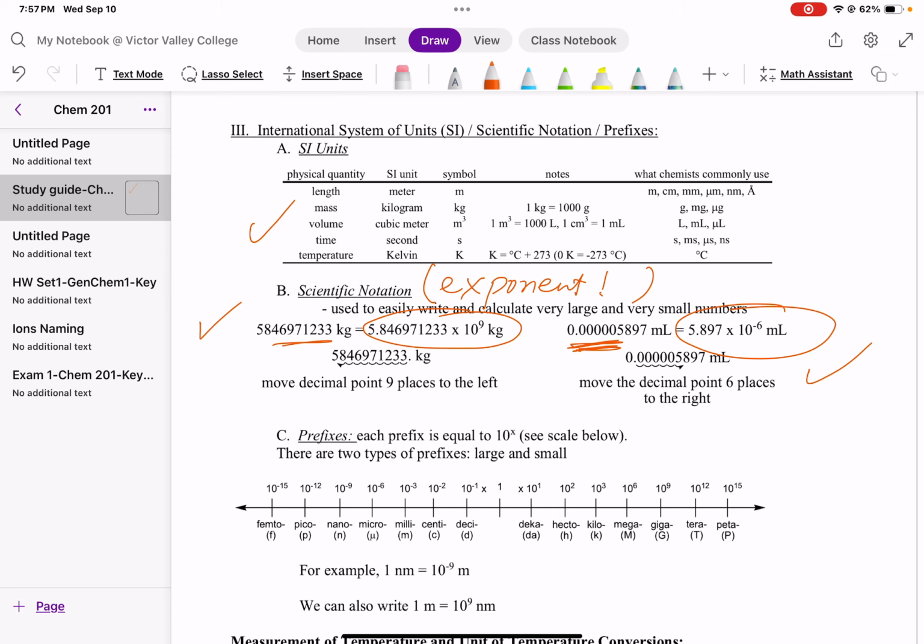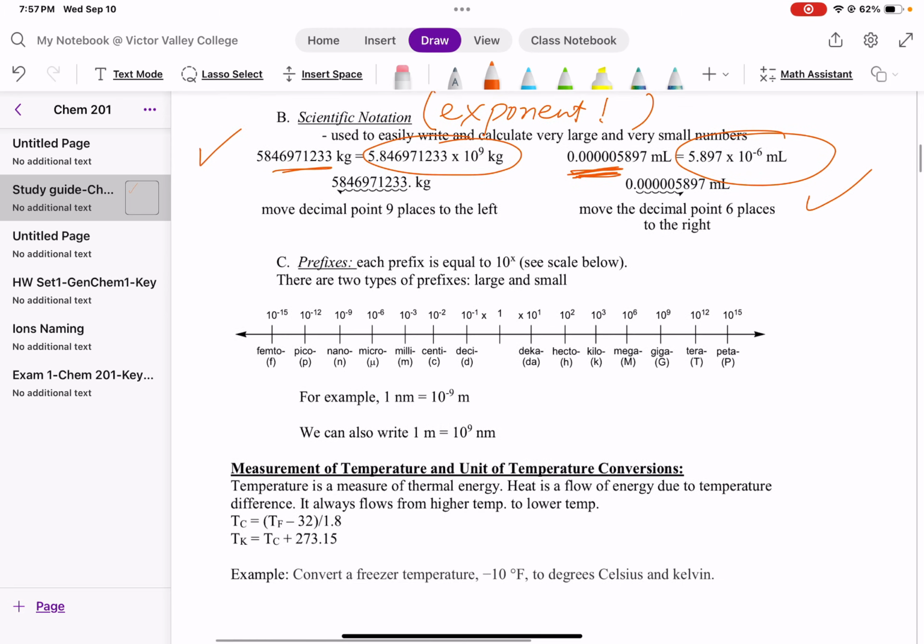And that's actually tied up with the next concept, the prefixes. Going from really small to really large. For example, what is it good for?